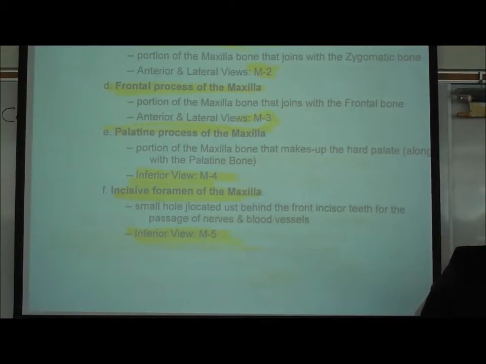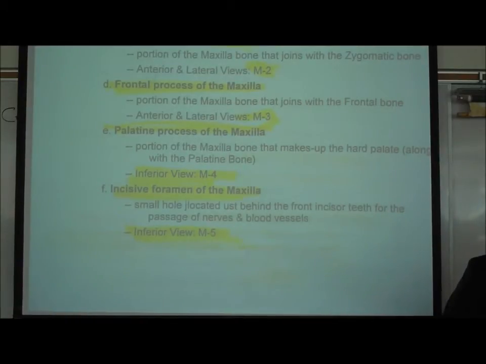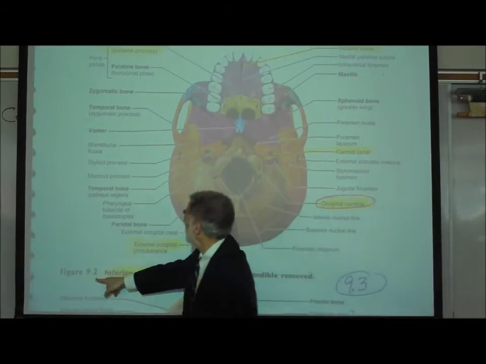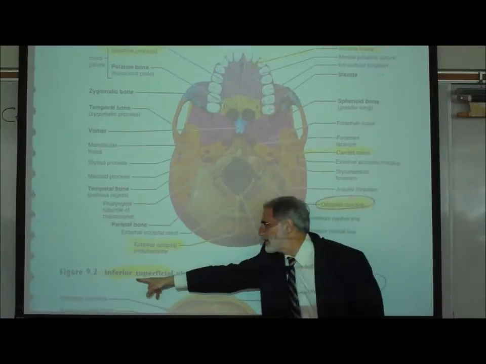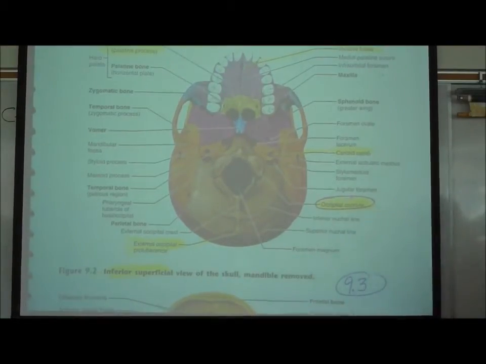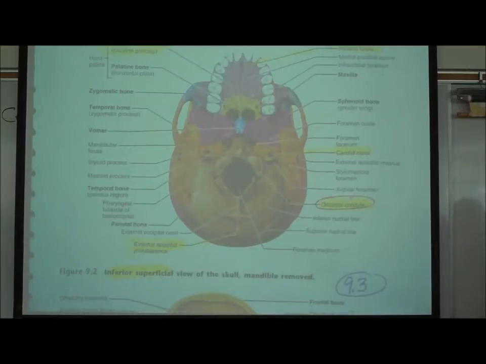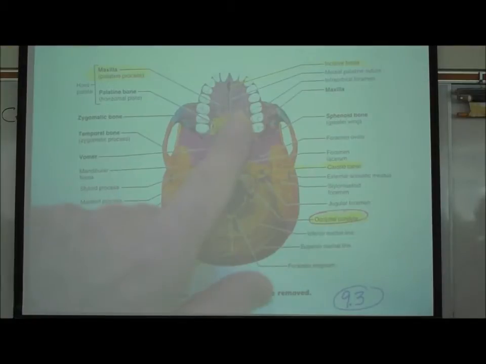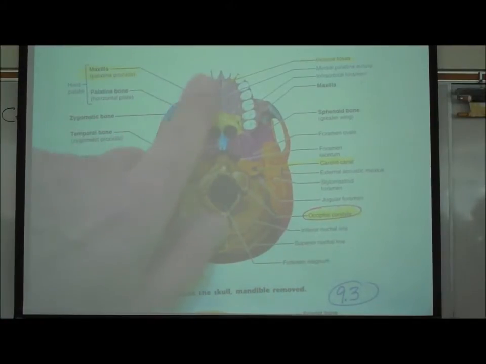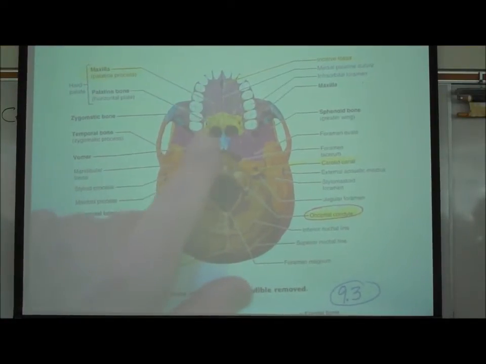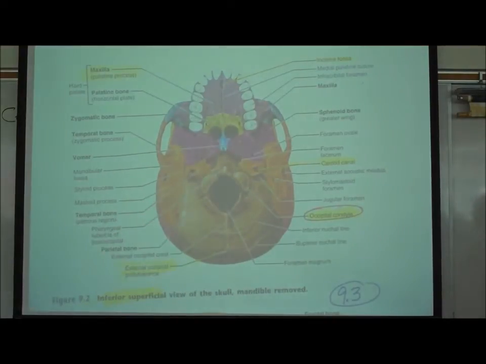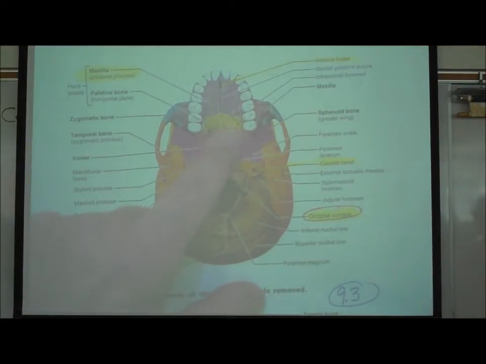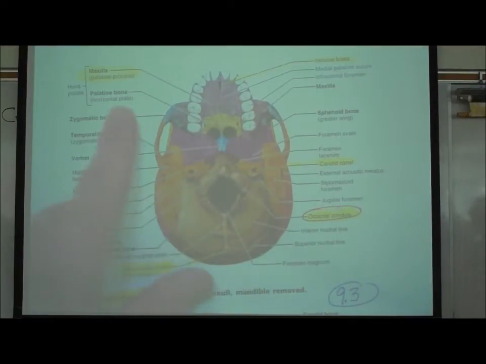This is where the maxilla attaches to the palatine bone. If you look in your lab manual at figure 9.2, this is an inferior view. It says that, inferior. You're looking at the skull from the underside. This is the palate, or roof of the mouth. And in purple, this is the maxilla. And in this light brown color right here, that's the palatine bone.